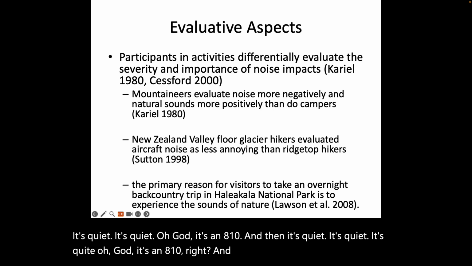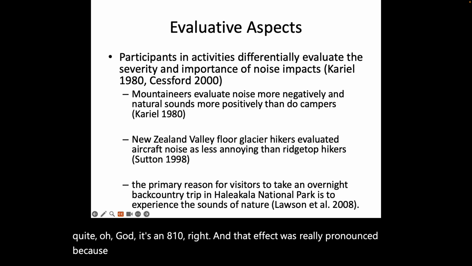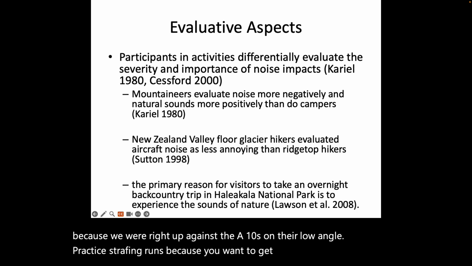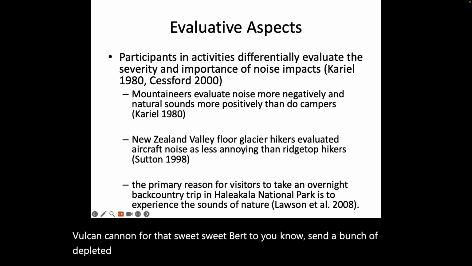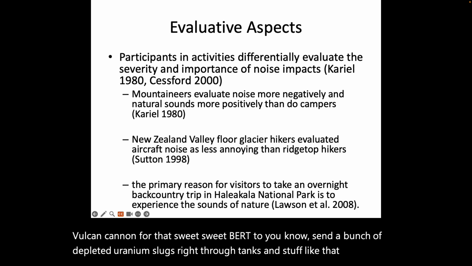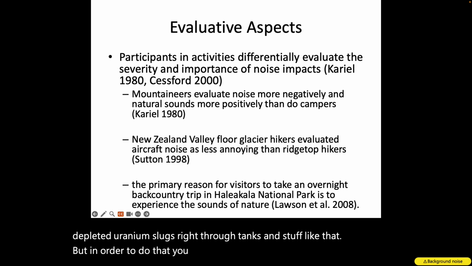And that effect was really pronounced because we were right up against the A-10s on their low-angle practice strafing runs, because you want to get like coaxial with that big old Vulcan cannon for that sweet, sweet BRRT to, you know, send a bunch of depleted uranium slugs right through tanks and stuff like that. But in order to do that, you gotta strafe pretty low, and that's a thing.